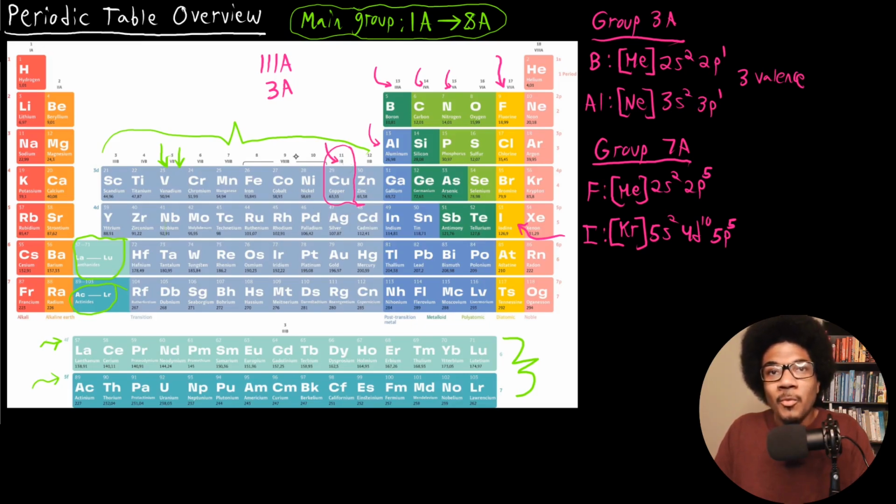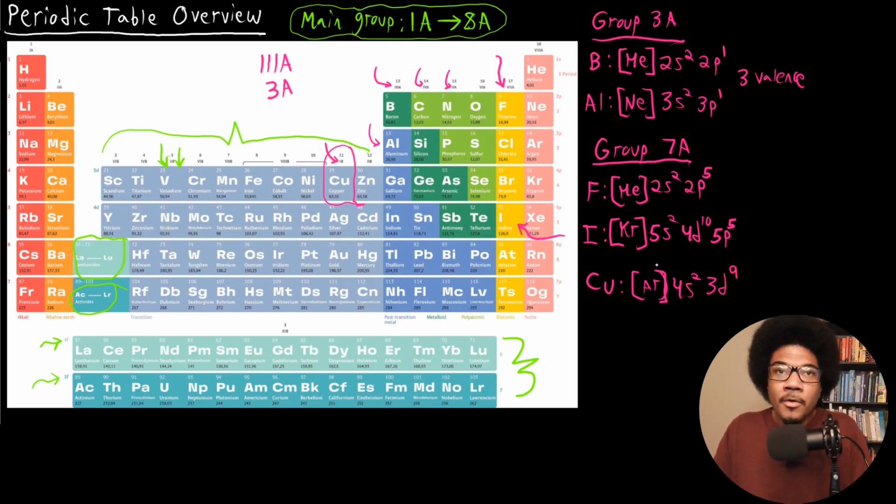So something weird happens with the electron configuration of copper. If you're just writing it out, you might think the electron configuration for copper would be argon, then 4s2, and then 1, 2, 3, 4, 5, 6, 7, 8, 9, so 3d9.